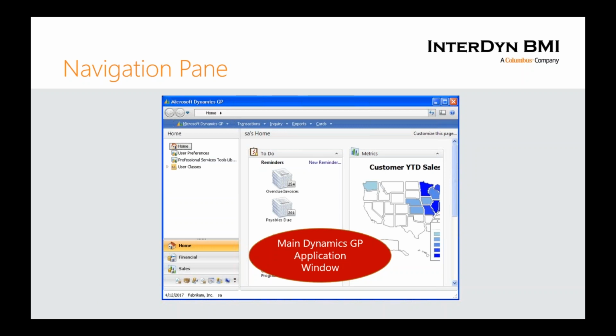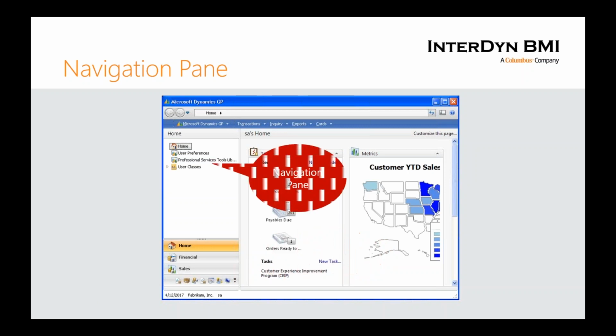The first thing is the navigation pane, and that's really made up of a couple of different things. The home page, obviously, which you probably all log into and see at least some version of as you go through the software. And you probably already know that you can personalize or customize that to your own liking. That's the first part of navigation.